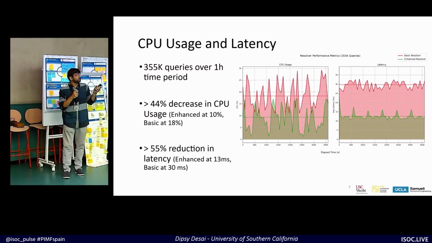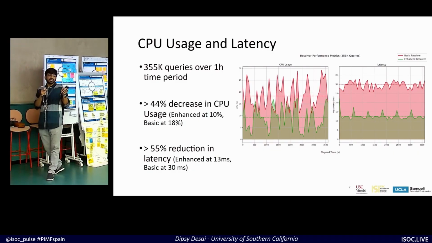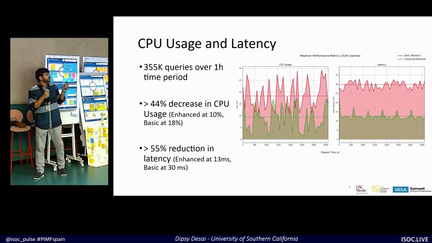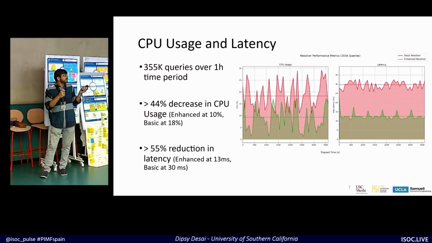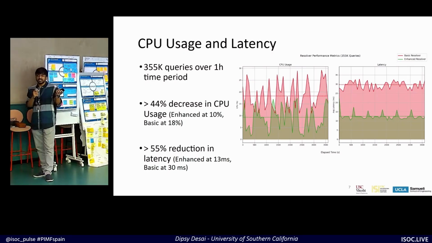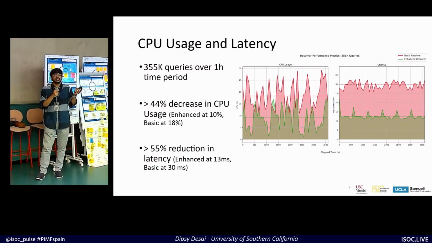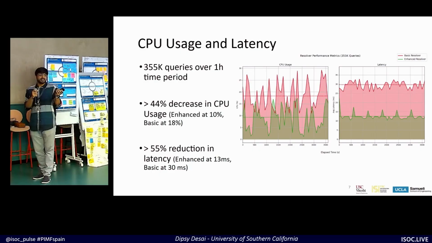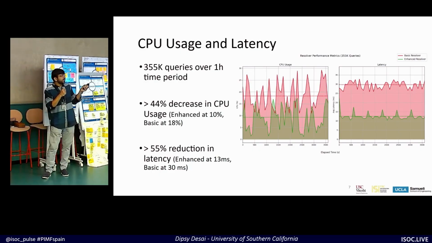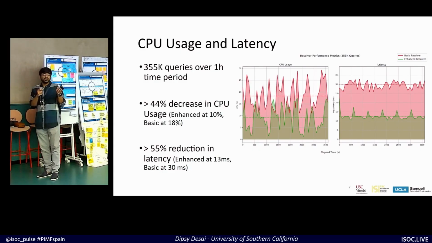The figures on the right, both of them have x-axis for elapsed time in seconds. Figure A for CPU usage has y-axis for CPU utilization in percentage, and the latency figure has average latency in milliseconds on the y-axis. The red is for the basic resolver, green is for the enhanced resolver.